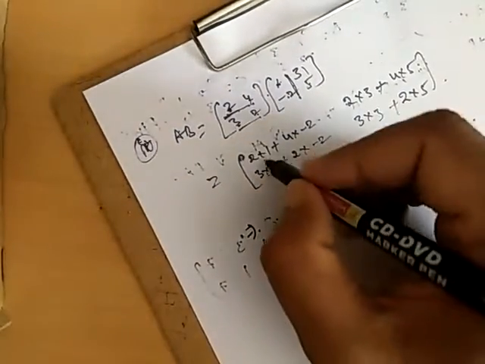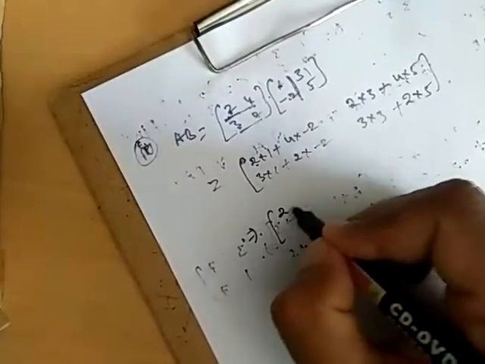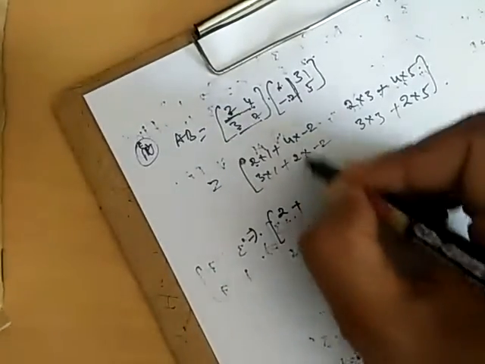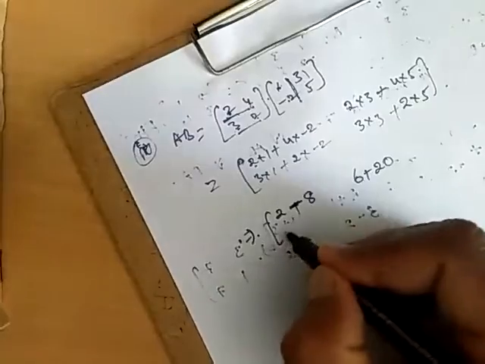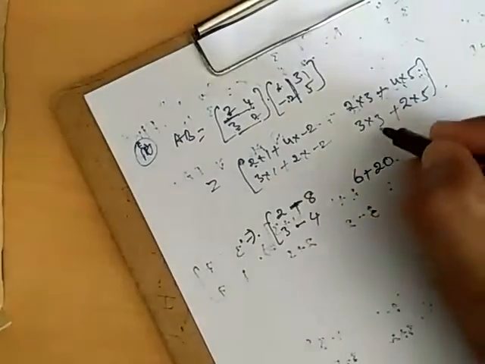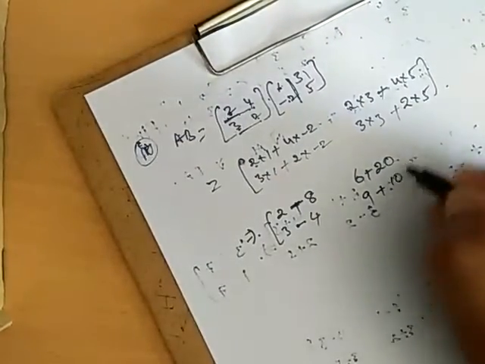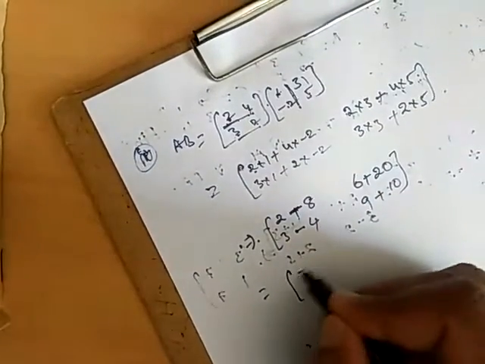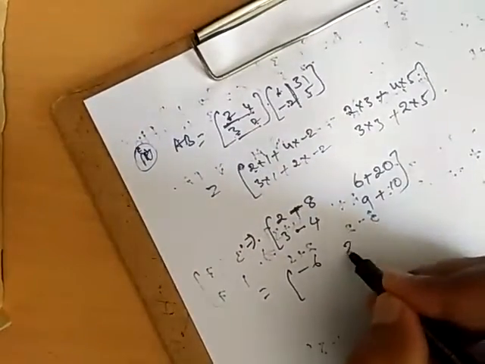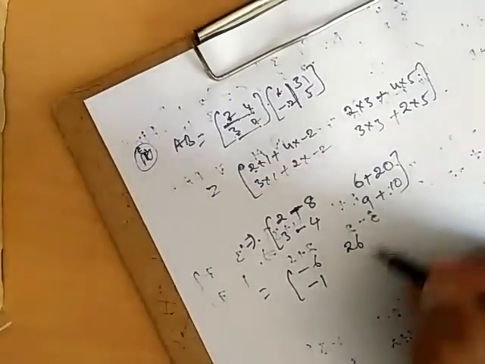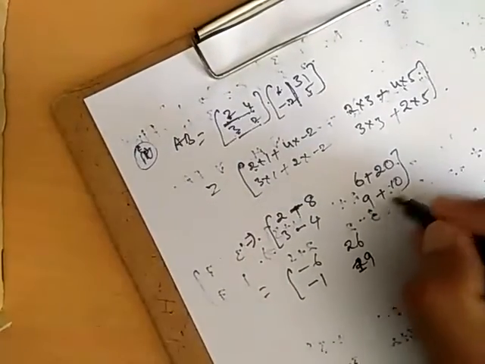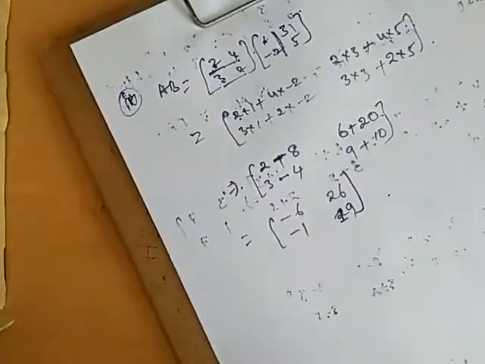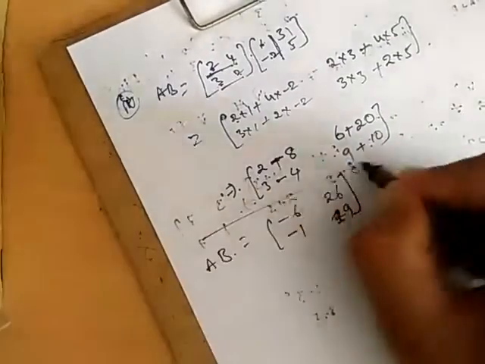That equals 2 plus minus 8, 6 plus 20, 3 minus 4, 9 plus 10. The final answer is 2, minus 8 minus 6, 26, minus 1, 19. 9 plus 10, 19. This is the answer for A into B.